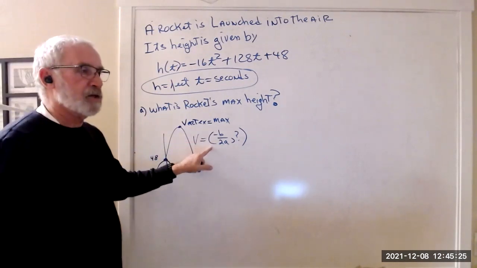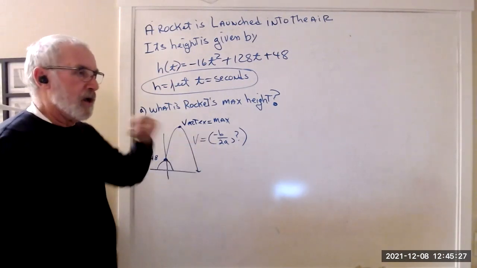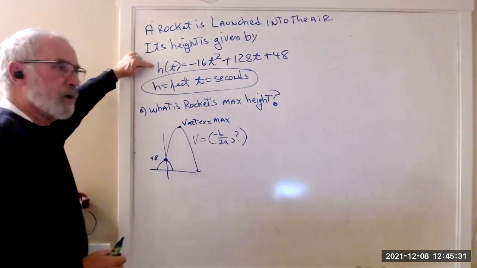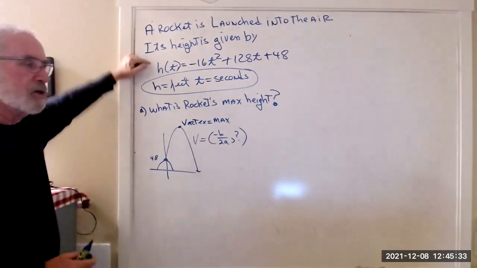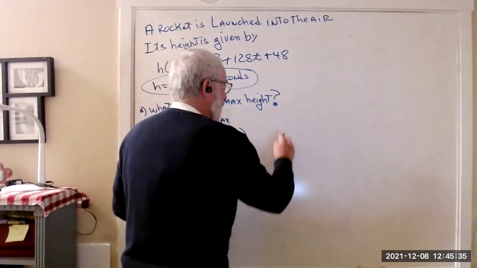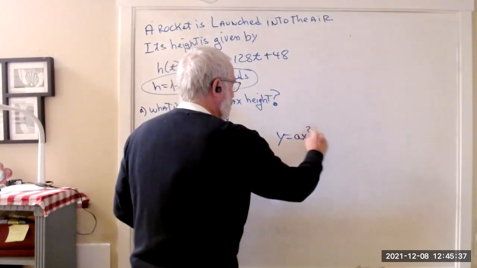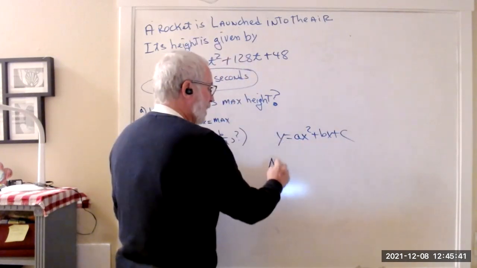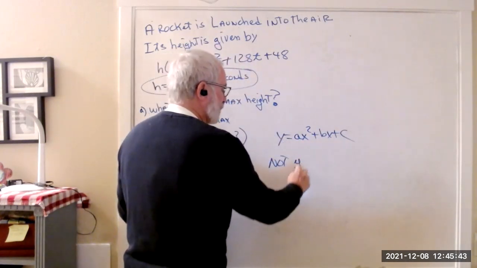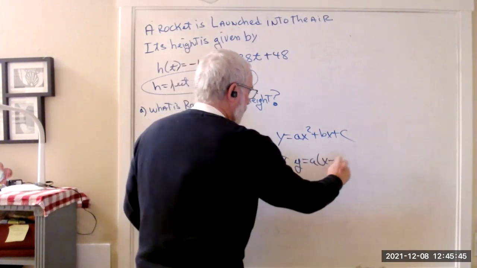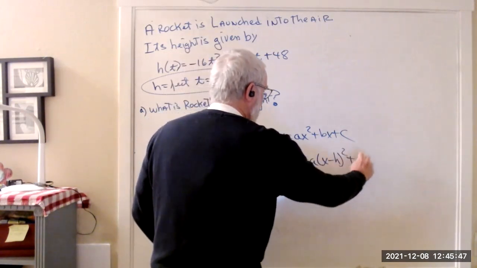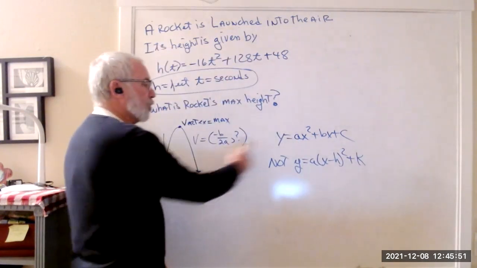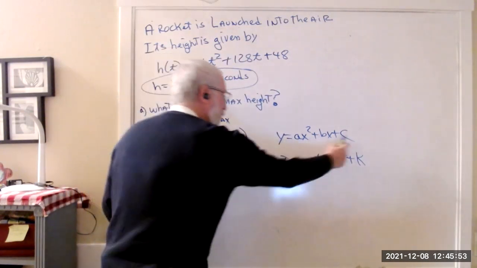That's something you should put on your note card, but put it in context. The equation has to be something like y equals ax squared plus bx plus c. It cannot be that fancy form. This formula only works when the equation looks like this.